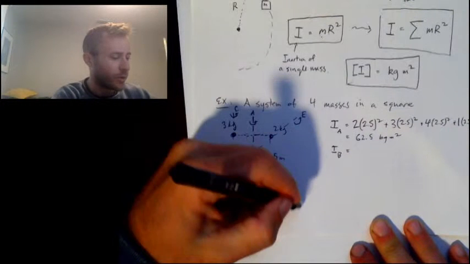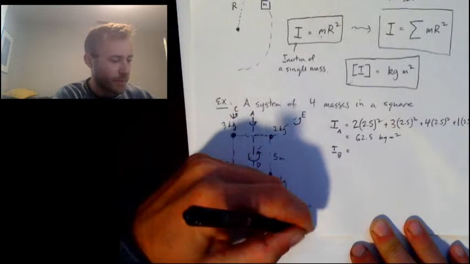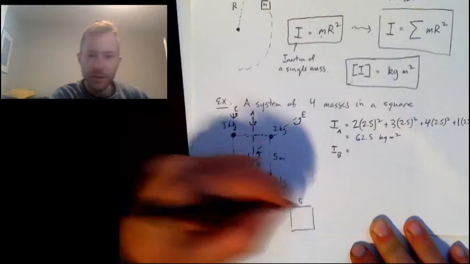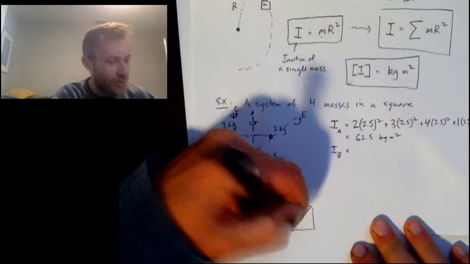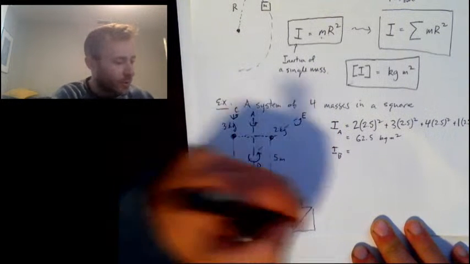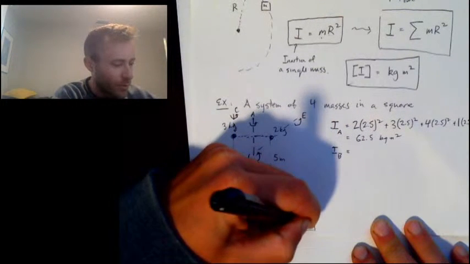So if you have a square and the side length is 5, to go all the way across the diagonal is going to be 5 times the square root of 2.